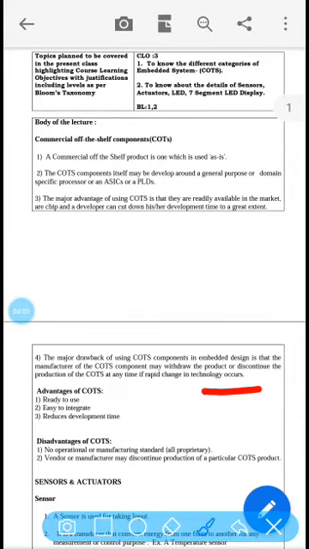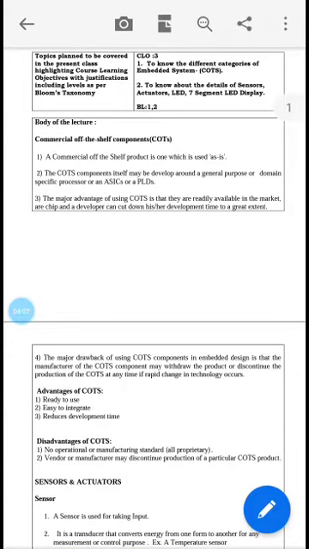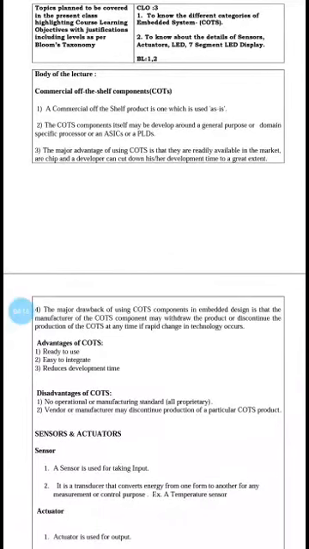Next we have listed some of the advantages as well as disadvantages of COTS. First we'll see the advantages. It can be made ready to use. Next, it is easy to integrate, where integration is nothing but combining two or more components. Third, it reduces the development time to a greater extent, since it is readily available in the market.